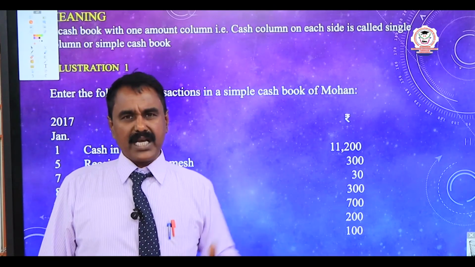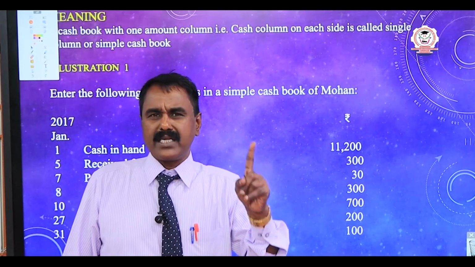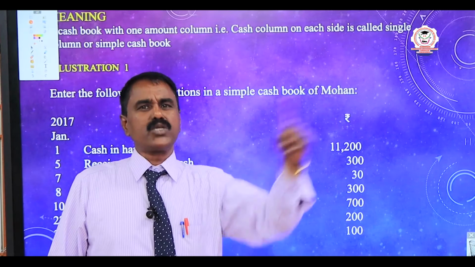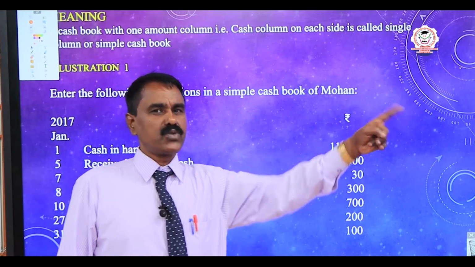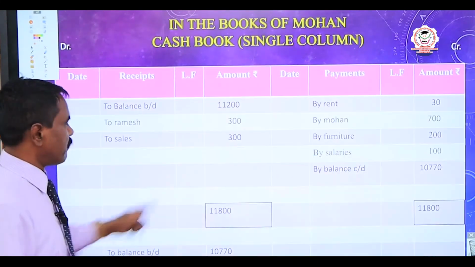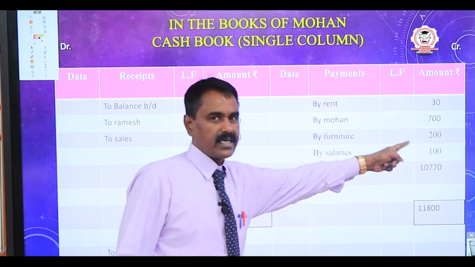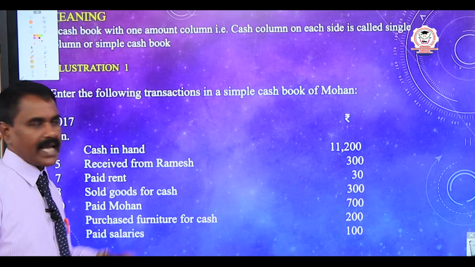Cash is going out because we are making payment to Mohan. So the entry is Mohan account Dr. to Cash. Cash is credited in the journal, so it will come to the credit side of the cash book by writing By Mohan 700.